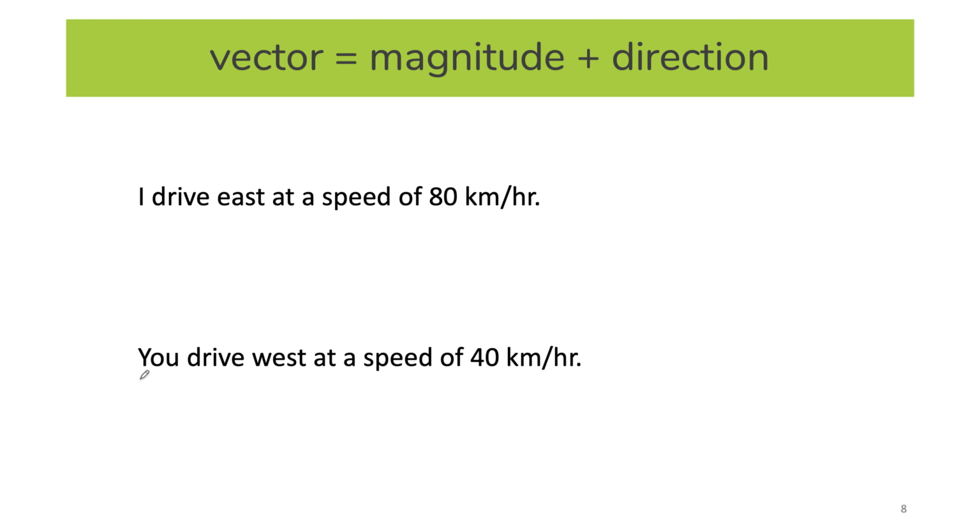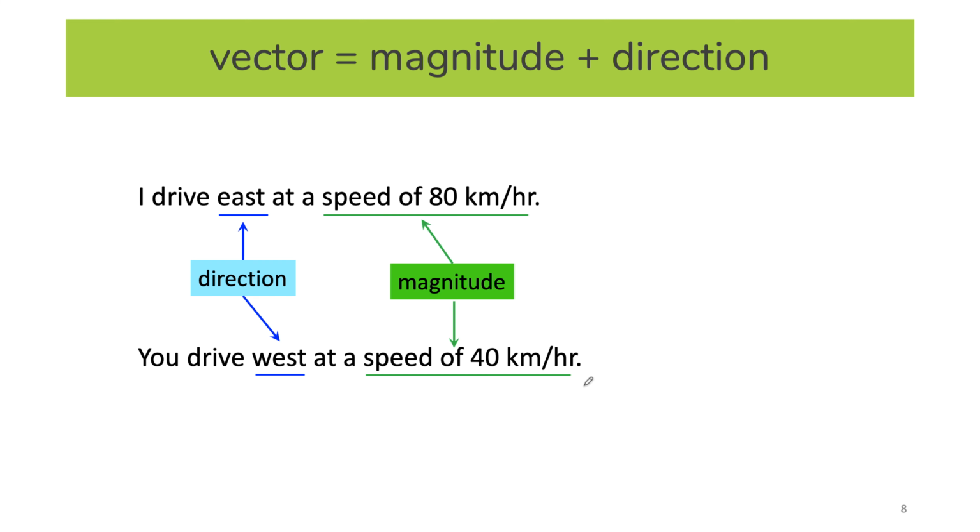And the second statement is, you drive west at the speed of 40 km per hour. East and west are the directions of the statements. The speed of 80 km per hour and the speed of 40 km per hour represent the magnitude of the information. Now, let's see how we are going to draw this graphically.